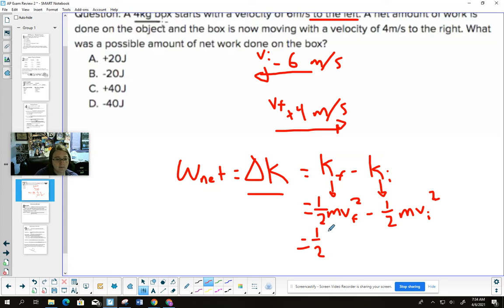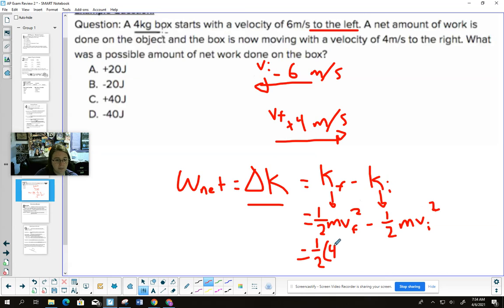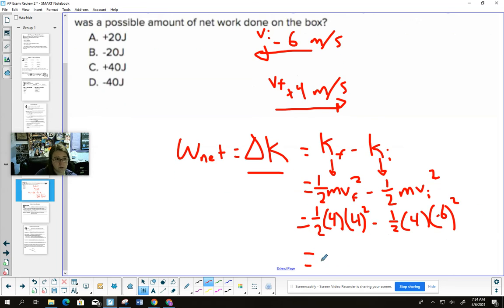Okay, so we have 1/2, the mass is 4 kilograms, v final is positive 4 squared, minus 1/2, mass is 4 once again, v initial was negative 6 squared. If we go to a calculator to do this, we should get negative 40 joules.